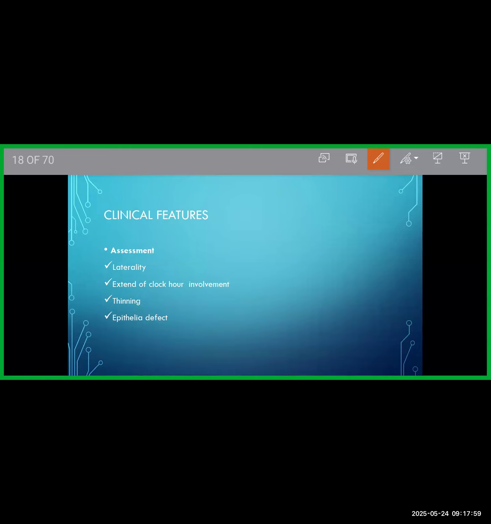Then we also have to assess the extent of the peripheral cornea that is involved, and the extent is stated in terms of clock hours. We also assess the thinning, how thin the cornea is, and then epithelial defects using fluorescein dye.